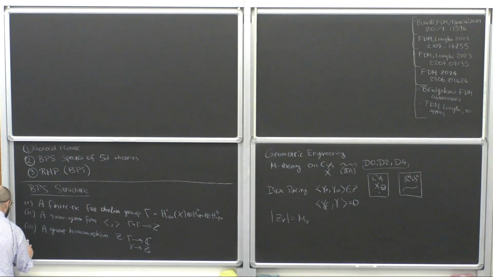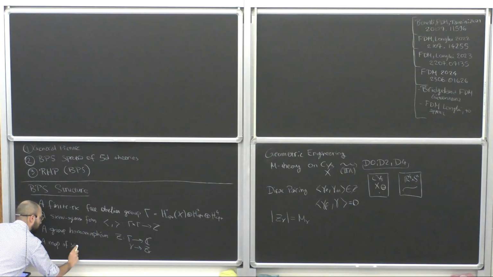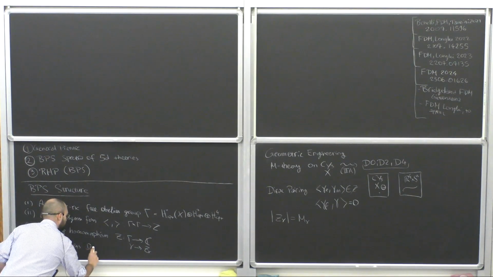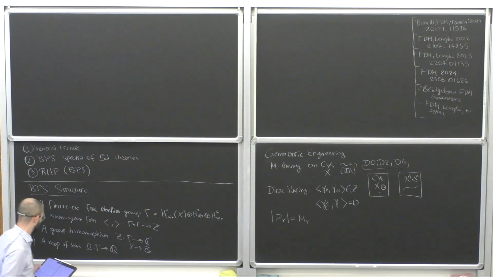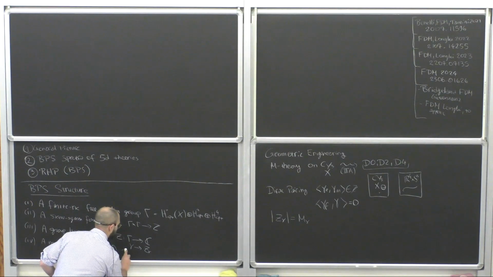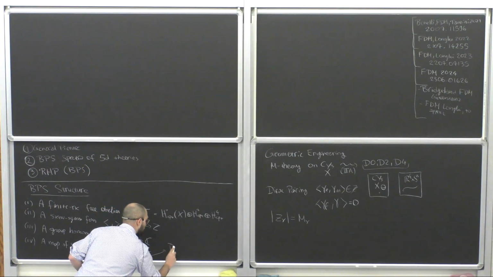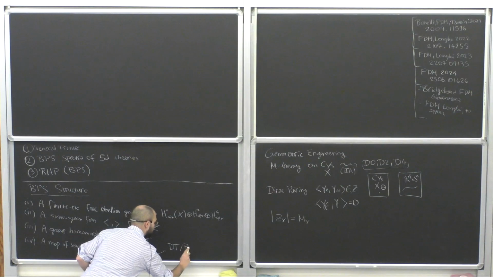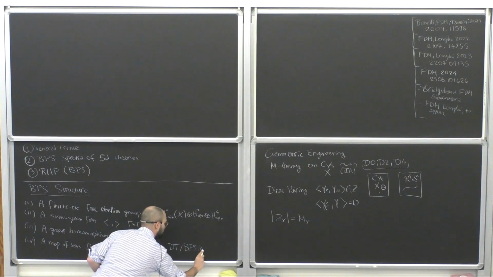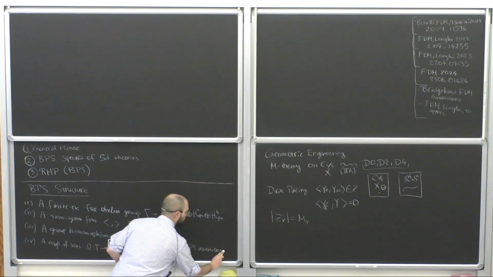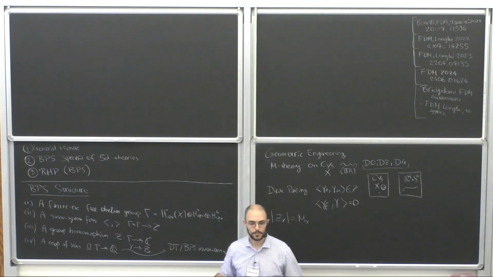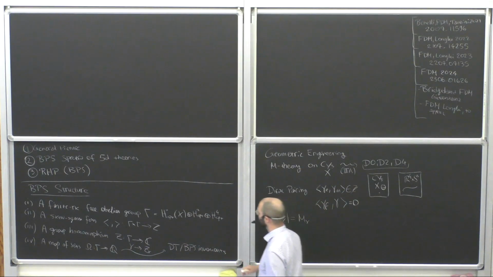And finally, we have a map of sets, Omega from gamma to, let's say, Q. And this is the Donaldson-Thomas invariants, BPS invariants, that were also introduced last week, both by Marcus and by Lotte.